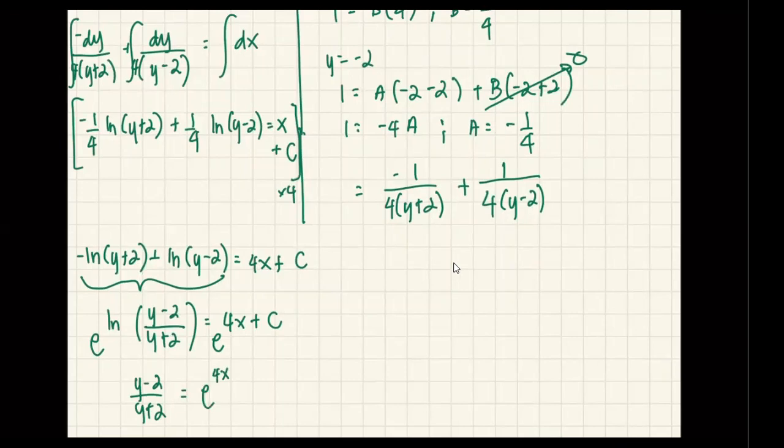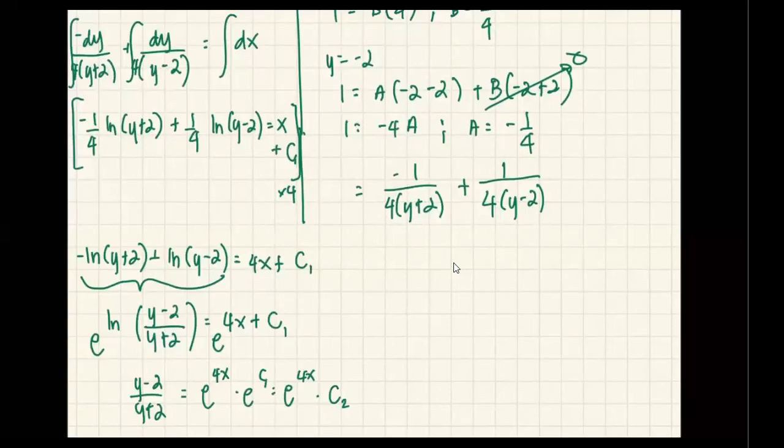Tapos naka-plus c, so e to the 4x times e to the c siya. So, pwede siya maging equal sa e to the 4x times c. Okay? So, lagyan ko to ng 1 dito para hindi magulo. Tapos to, c2. Okay?